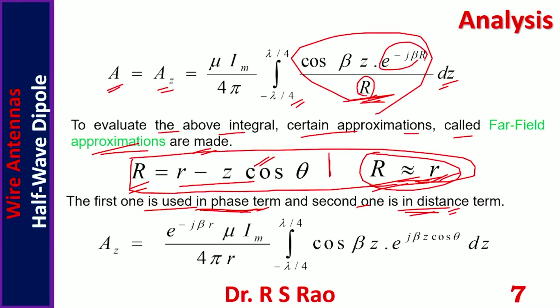Notice this is the phase term, whereas the denominator one is the distance term. Now Az is equal to e power minus j beta r mu Im over 4 pi r, integral from minus lambda by 4 to lambda by 4 of cos beta z e power j beta z cos theta dz. How has this expression come from the first one? Capital R in the numerator is replaced by r minus z cos theta. Capital R in the denominator is replaced by small r. It results in this term.